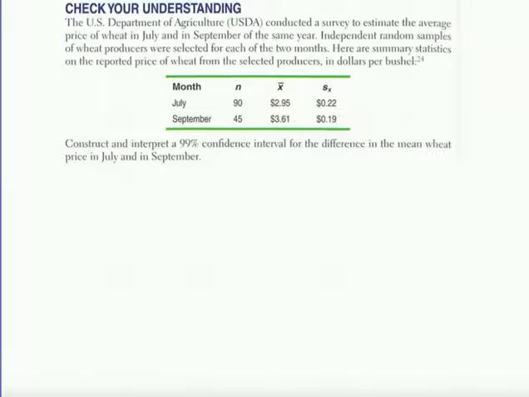Alright, so to start, we would let July be our 1s and September be our 2s. So this would be x1, this would be x2, this would be n1, this would be n2, and this would be s1 and s2. So we are going to start with that formula that we had on the last page.